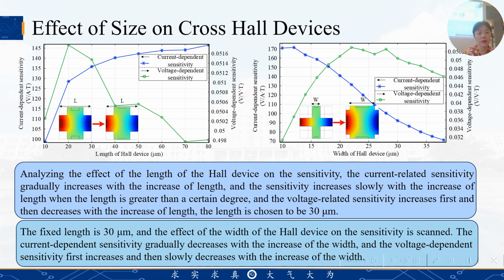So the length is chosen to be 30 micrometers. Here, we can say that it's a cross point. And the fixed length is 30.